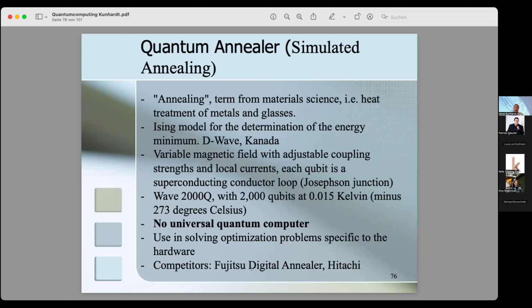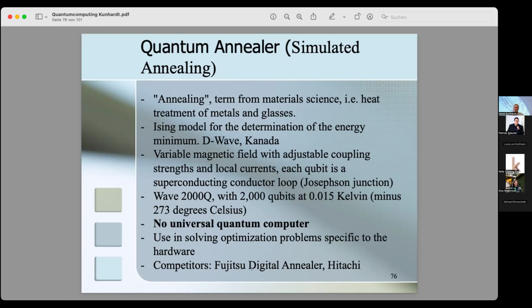They use big cooling facilities in order to get this superconducting situation. And they use as well Josephson junction. The number of qubits they say they have is really challenging, but scientists come to the conclusion it is not a universal quantum computer.